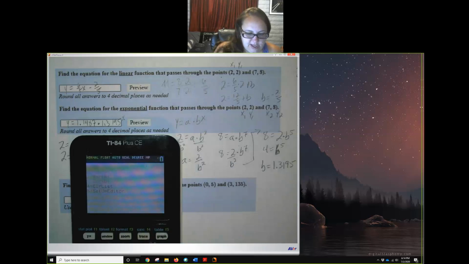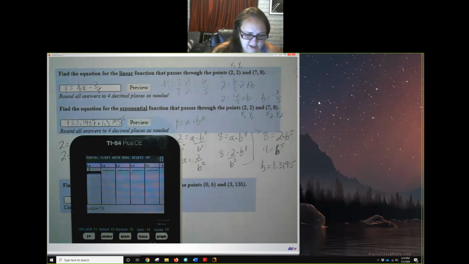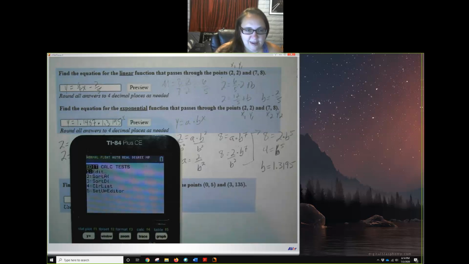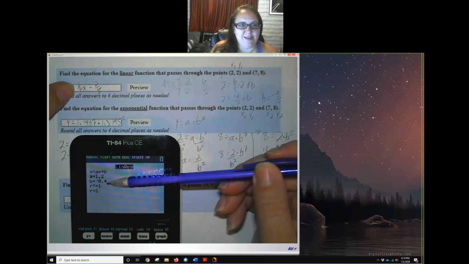For example, if I clear everything out of here and put in my two x values, so that's 2 and 7, and my y values were 2 and 8, and I go stat calc linear regression, it gave me 6/5 x minus 2/5.